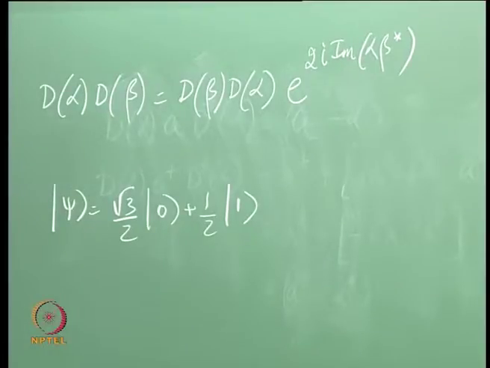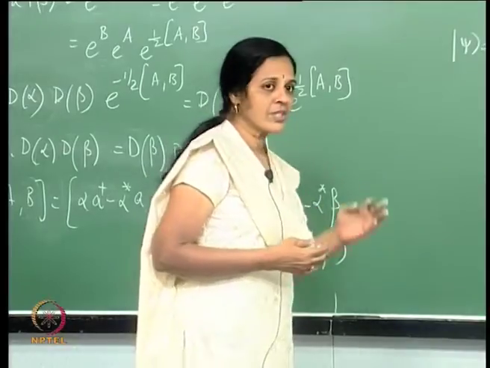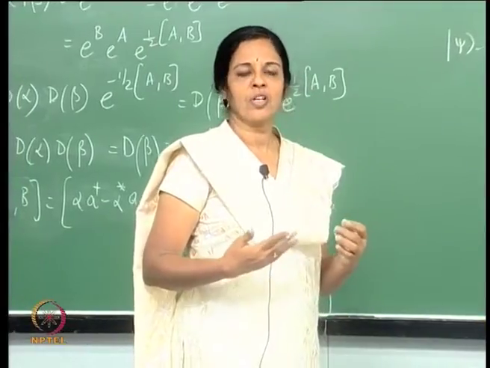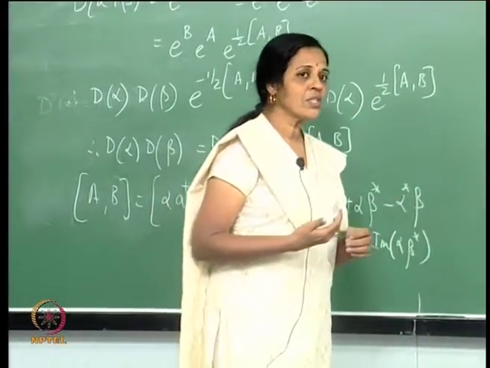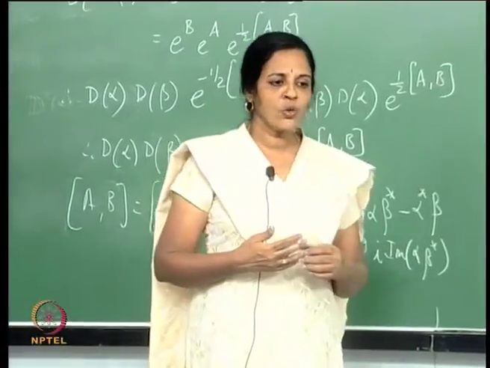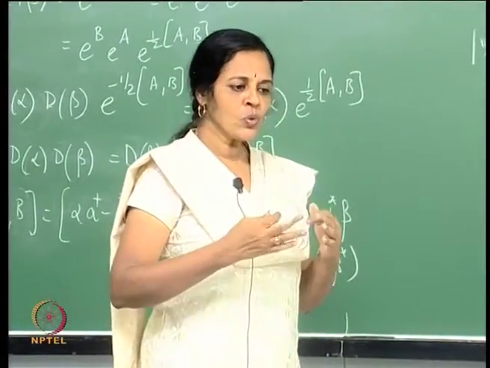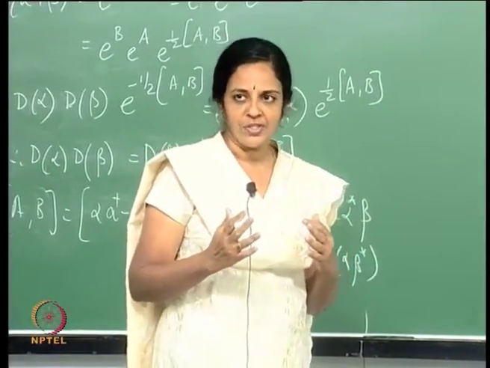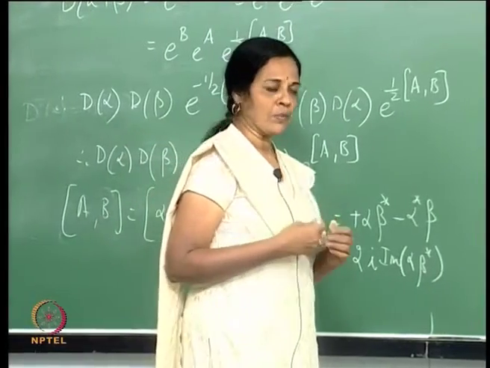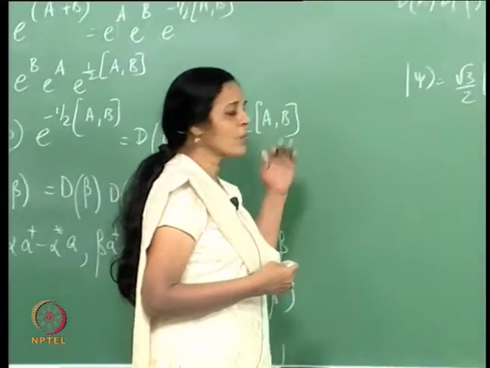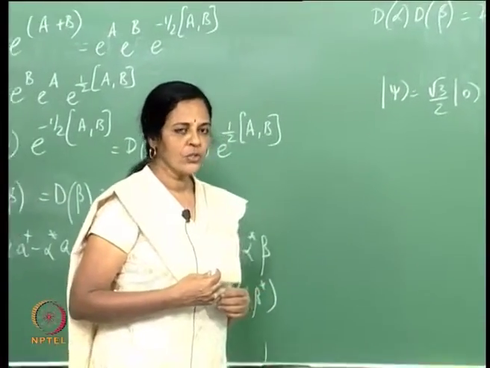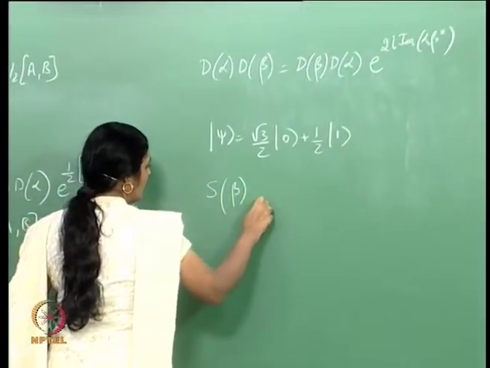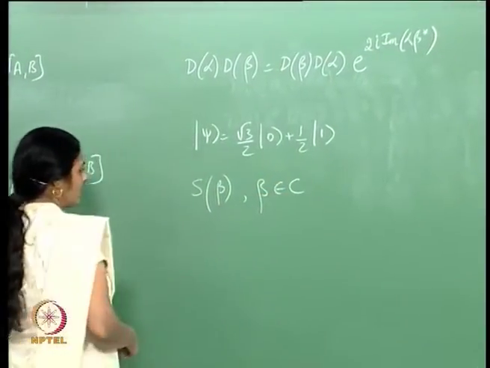There are other interesting superpositions, and even as the coherent state is a superposition of an infinite set of photon number states, I define a squeezing operator which could act on the vacuum and produce a very specific interesting infinite superposition of photon number states, which also display squeezing properties. So, similar to the displacement operator, one introduces the squeezing operator S of beta, where beta is any complex number.